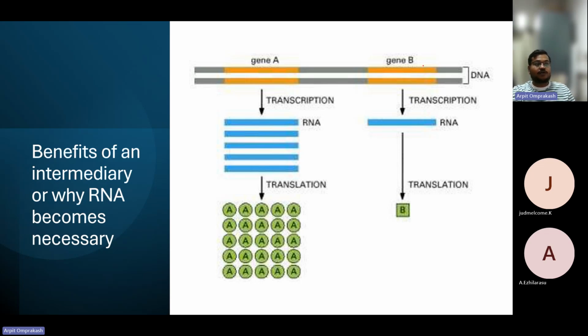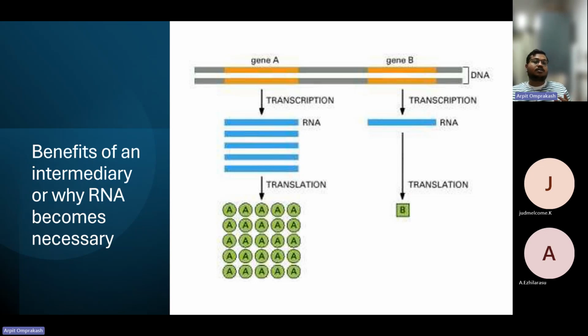Since you have just one copy of gene A and one copy of gene B, producing protein directly from them will give you equal amounts of protein each time. Whereas if you create multiple mRNAs, or messenger RNAs, you can translate that into a lot of proteins. Whereas if you have just a single RNA, you can translate that into less protein. So you can have a level of control here.